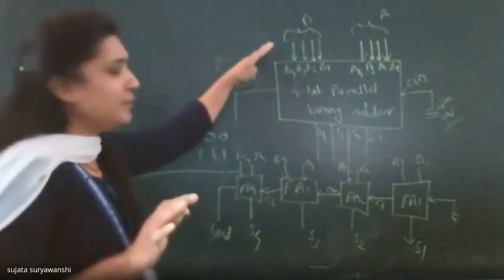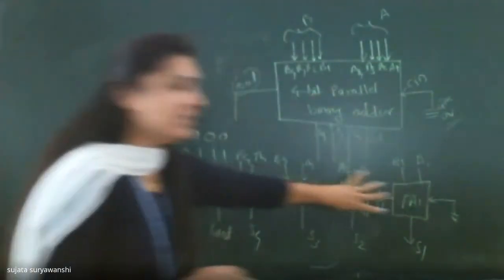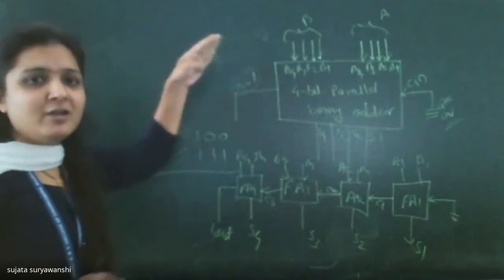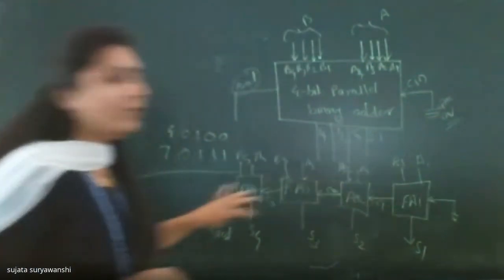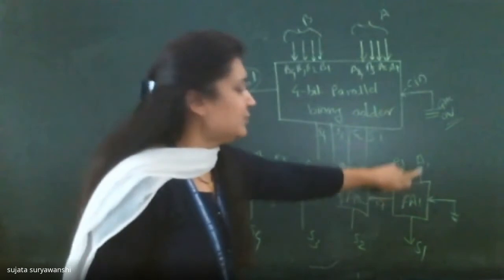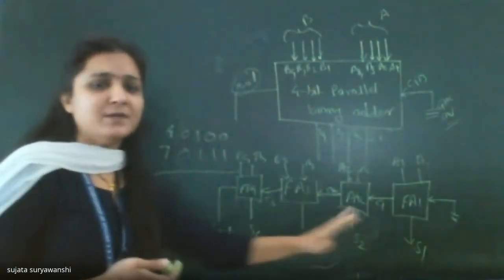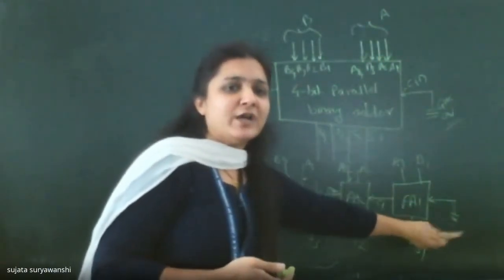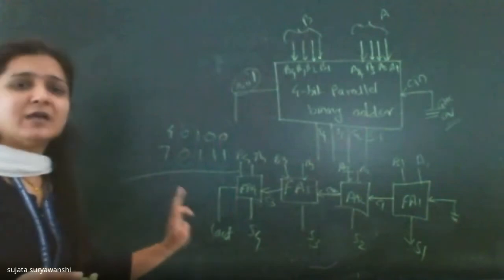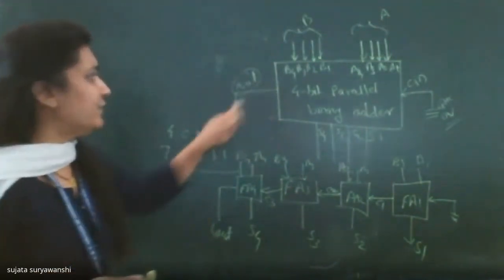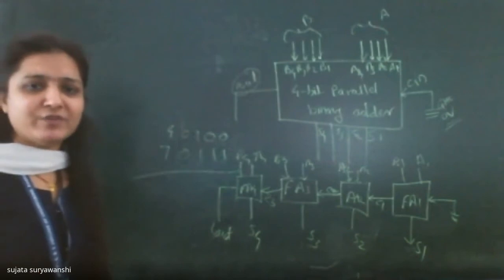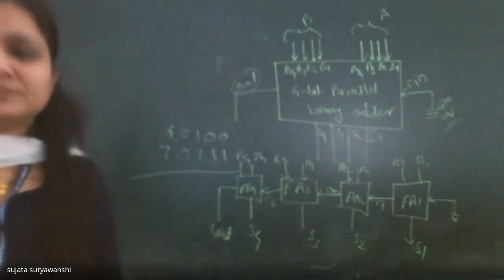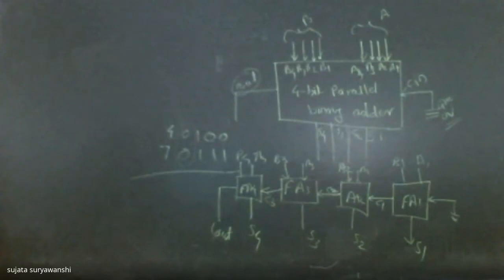So you can see this is the block diagram of the 4-bit parallel binary adder, and this is its internal structure. Means it uses a total of 4 full adders. It takes inputs from the LSB bit of both numbers to the MSB bit of both numbers. It takes Cin, which you need to connect to ground every time, and it gives output C out from this end. Understood everyone? So you can draw this block diagram and internal structure of the 4-bit parallel binary adder.